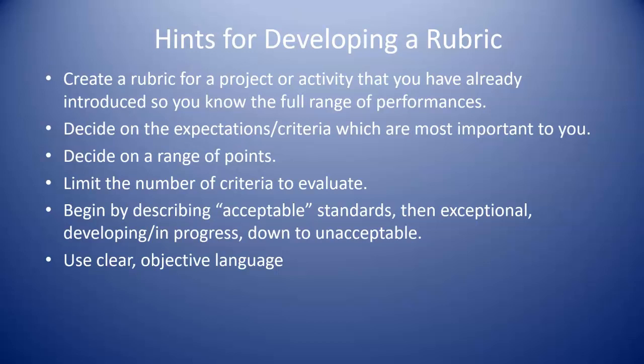So everybody does this slightly differently. I actually think sometimes it's easiest to start with what would be unacceptable and then work from there, or what would be outstanding and then work backward. It's really up to you to think about what that might look like for your students in a specific activity.